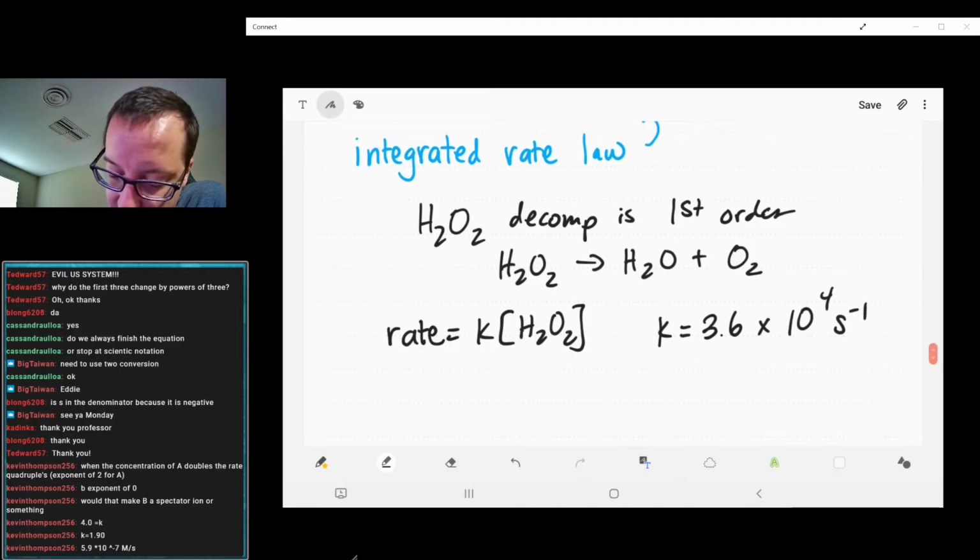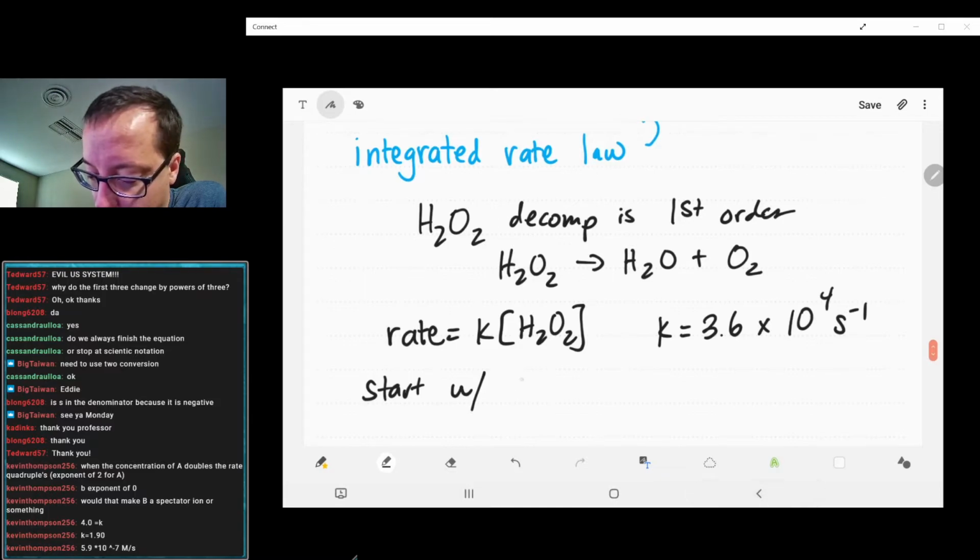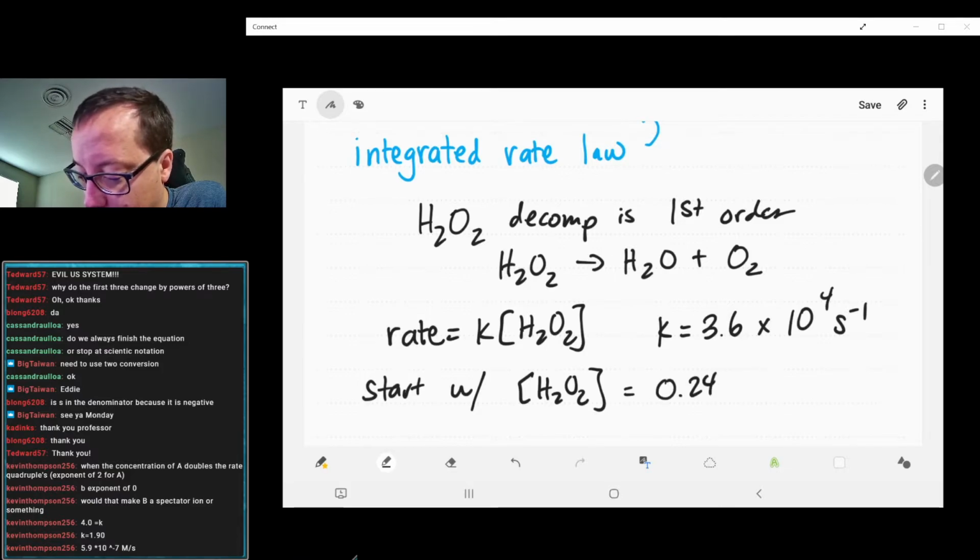So let's say we start with H2O2 equal to 0.2462 whatever molar. And here, let me throw some other sig figs in there so we can deal with some actual numbers here.